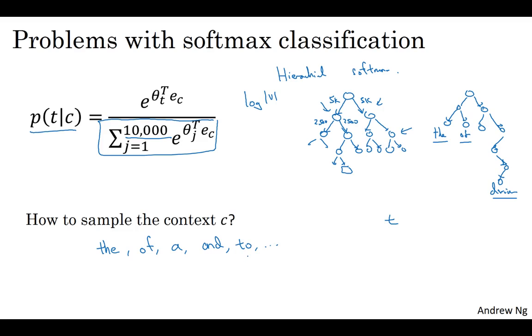And so in your context-to-target mapping pairs, you just get these types of words extremely frequently, whereas there are other words like orange, apple, and also durian that don't appear that often. And maybe you don't want your training set to be dominated by these extremely frequently occurring words, because then you spend almost all the effort updating e_c for those frequently occurring words, but you want to make sure that you spend some time updating the embedding even for less common words like durian.